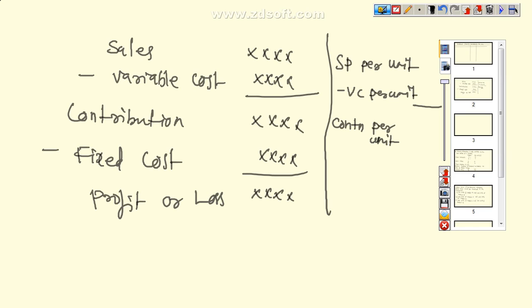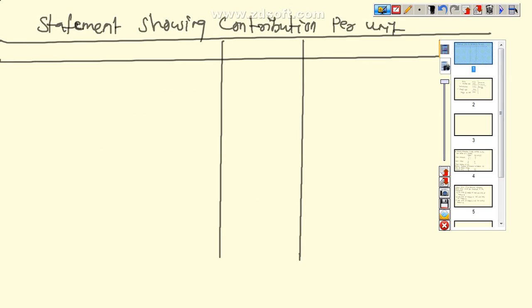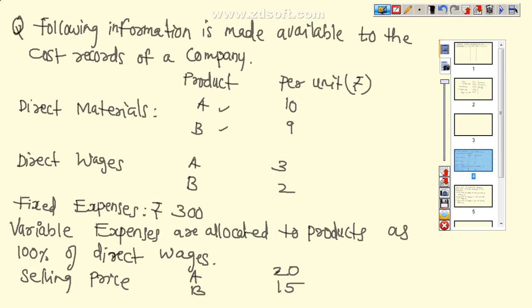So first we have to apply this in order to calculate the contribution per unit. So there are two products given in the question, A and B. Here we have to write particulars. Here in this question, selling price is given, A product 20 per unit and B product 15 per unit. So we write it here.